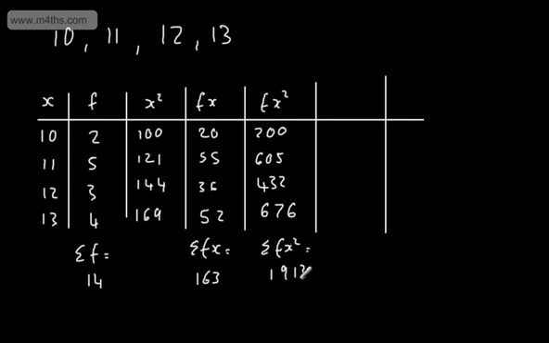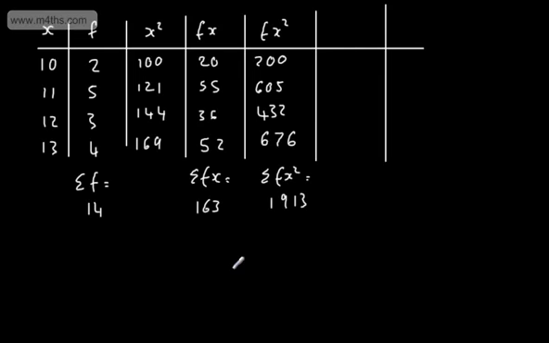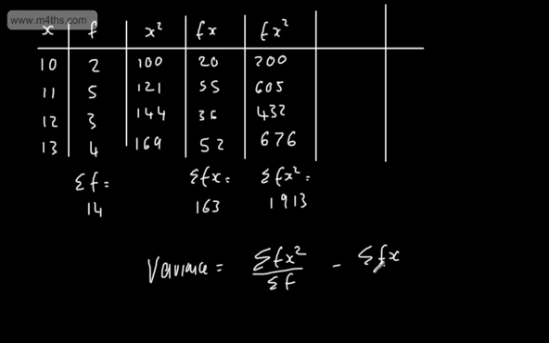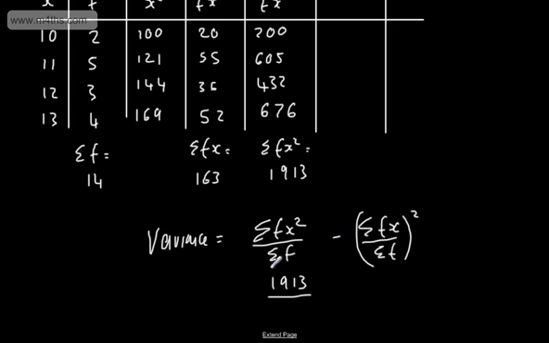Okay, so let's consider what we've got here. The variance will be equal to the sum of fx squared over the sum of f, minus the sum of fx over the sum of f, all squared. So the variance is going to be 1913 over 14, minus 163 over 14, which we need to square.